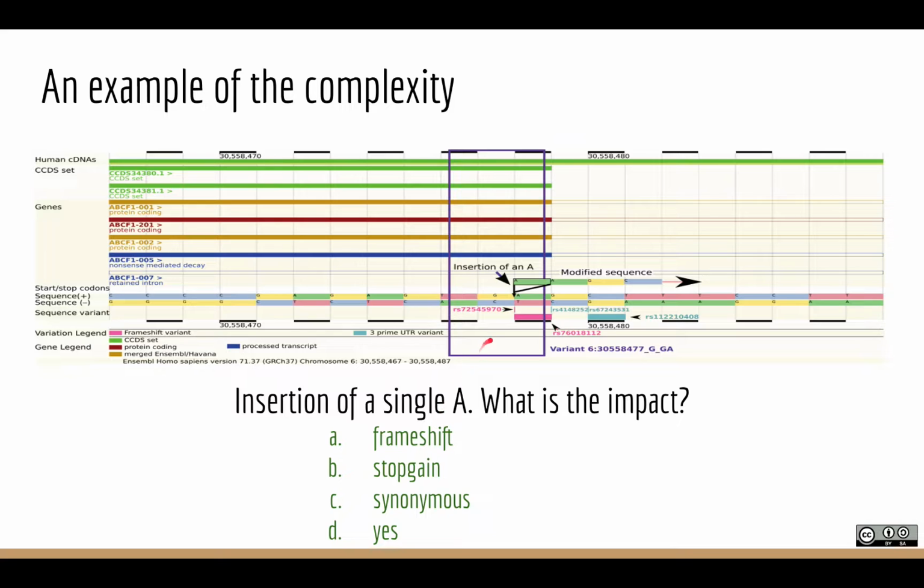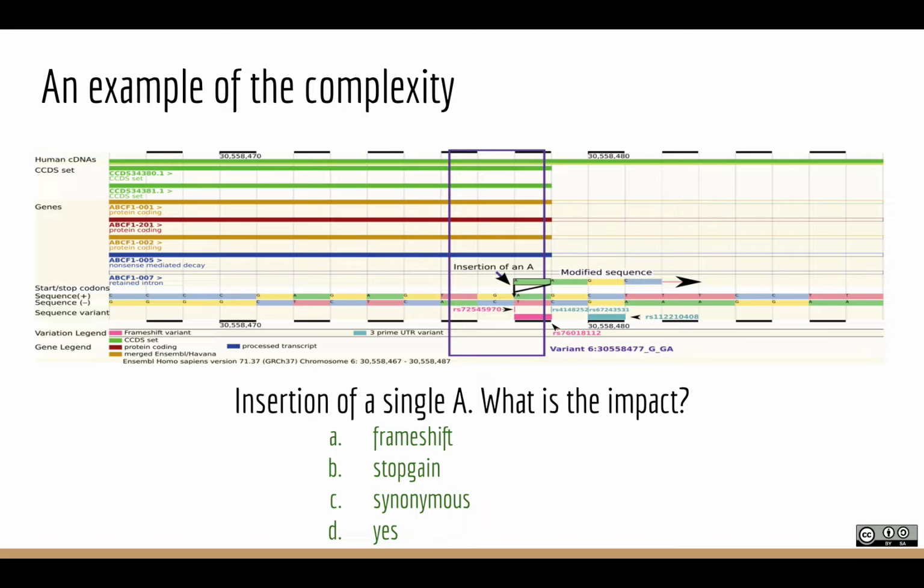You could also, because TGA encodes a stop codon, say the insertion of this A is a gain of a stop codon. So you could report it as a stop gain change. But the codon was already TGA, and you're inserting an A. So you could also say, well, it's synonymous because the codon is the same.